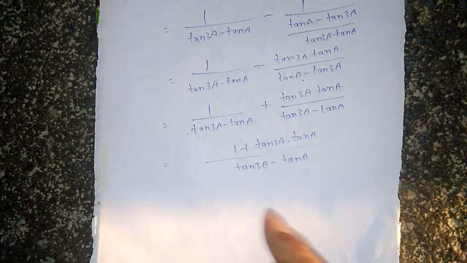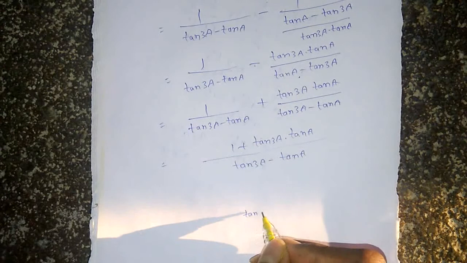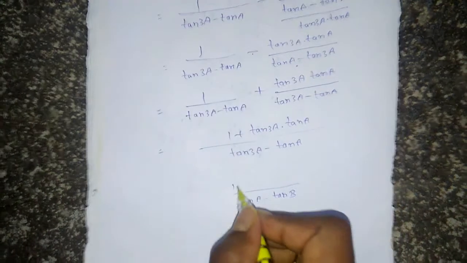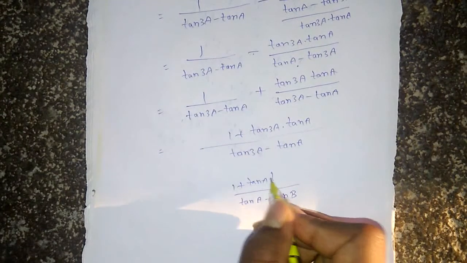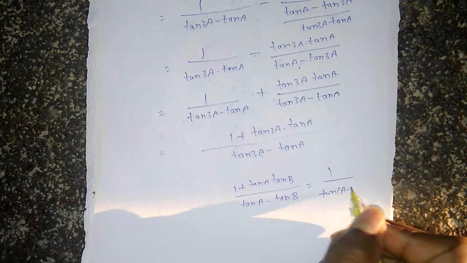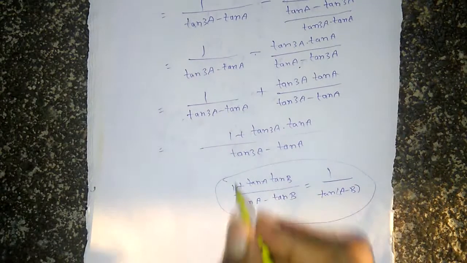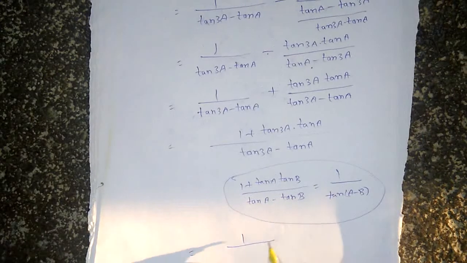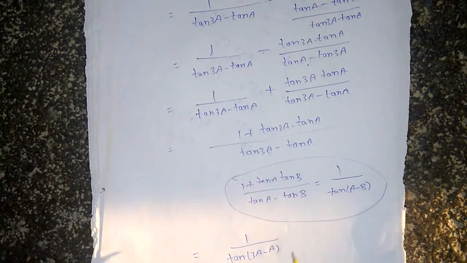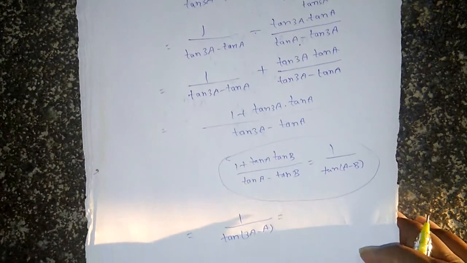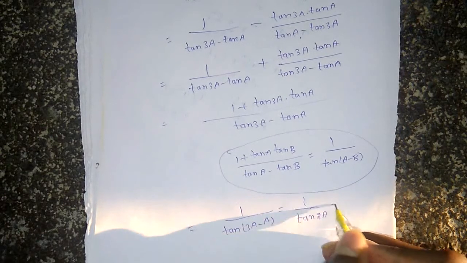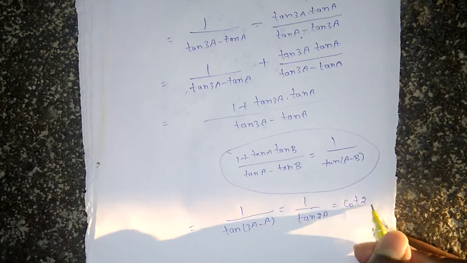So this is in the form of tan a minus tan b by 1 plus tan a tan b, so that is equal to 1 by tan of a minus b. Apply the formula here. This is 1 by tan of 3a minus a, that is equal to 1 by tan 2a. 1 by tan 2a means cot 2a.